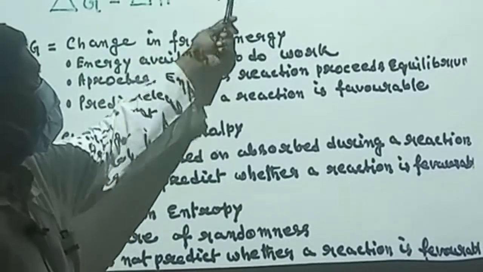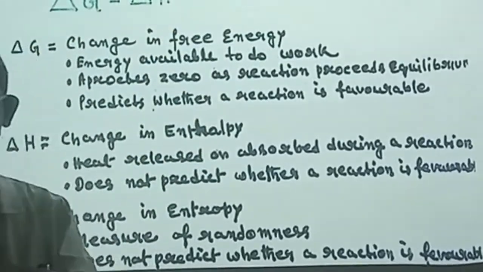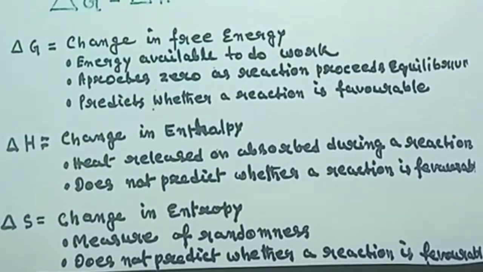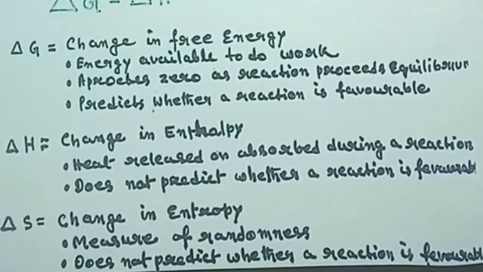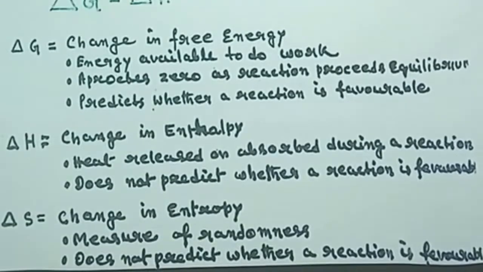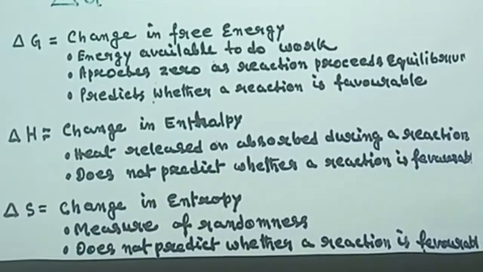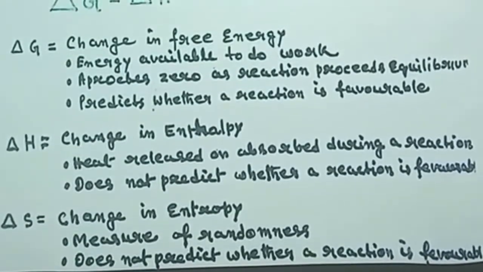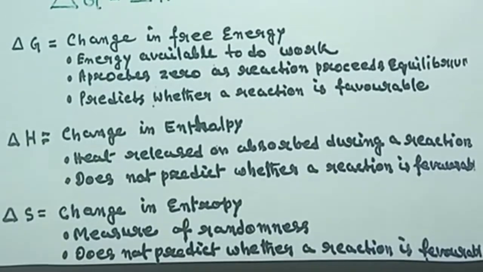Whenever T delta S is increased, the delta G will be negative. So that means the reaction will be carried out and go forward. So whenever a reaction has to happen for the purpose of the cellular system, the delta G must be negative. That is the basic rule of thermodynamics that is applicable in the environment as well as in our own system.